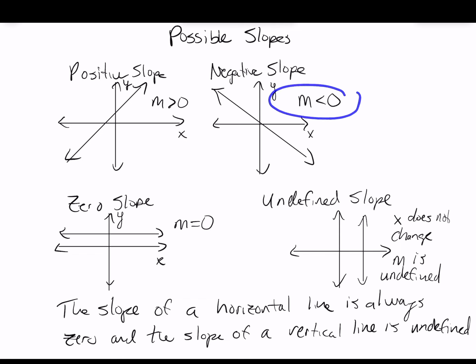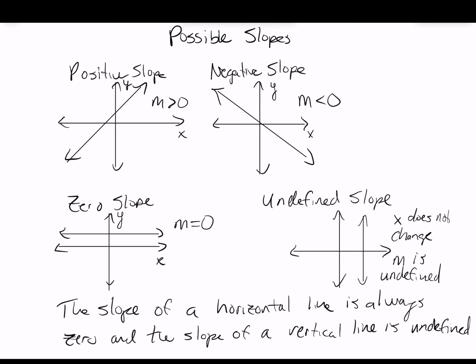If we have negative slope, where m is less than 0, from left to right, our graph will fall. If there is 0 slope, meaning our m is equal to 0, then we have a horizontal line. There is no slope at all. And then finally, for undefined slope, the x never changes. So we get division by 0 in the denominator, and we have a vertical line.